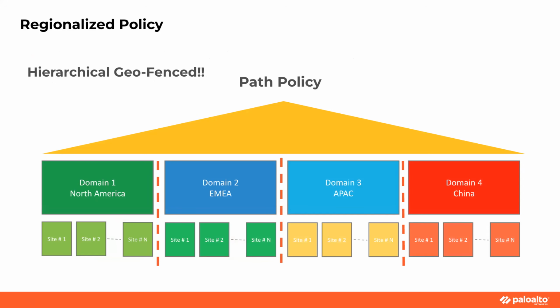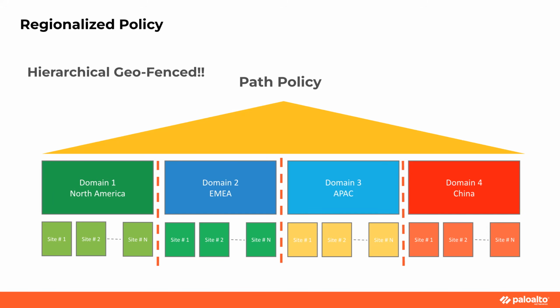In this particular example, we're showing grouping based on regions or geographies. So you can have a North America domain, EMEA, APAC, and China domain, and then you can apply different policy sets, different policy rules for sites that belong to these domains. So this gives you the flexibility to essentially create some geofencing and keep the configurations or the rules different from one region to another.